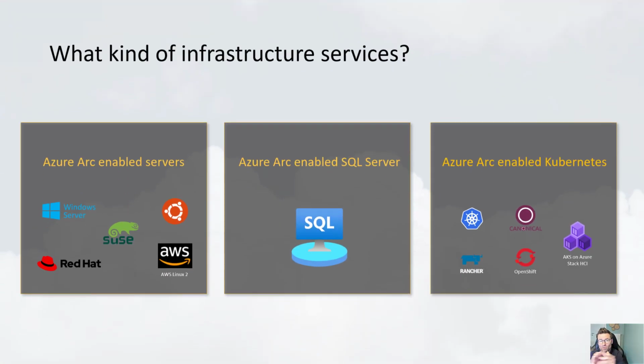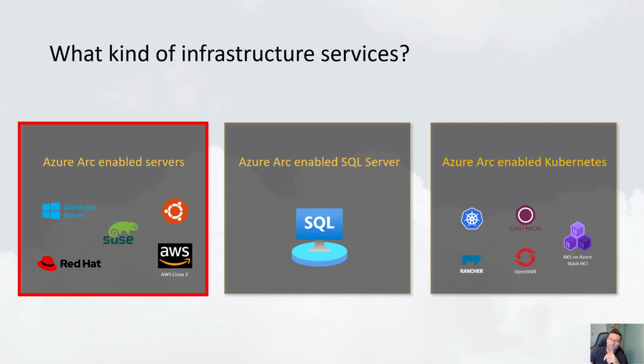These days, you already have Azure Arc-enabled Servers, which support Windows Server from Windows Server 2008 R2 SP1 to Windows Server 2022. And also a wide range of Linux operating systems such as Ubuntu, SUSE and Red Hat, and even Amazon Linux are supported.